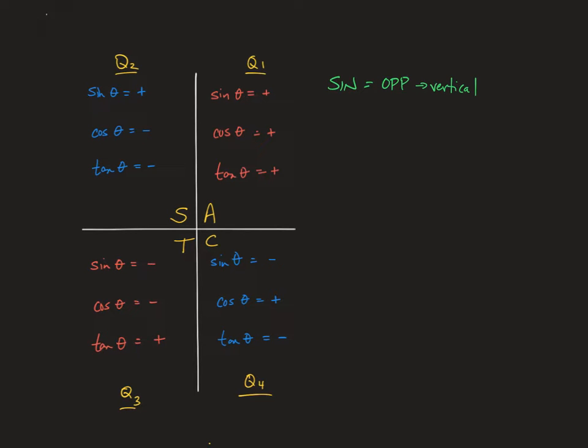Because when we talk about the opposite side being vertical, then we know that if we have a positive value, that means we go up. And if we have a negative value, that means we go down. And it's that simple. Okay, let's keep building it so that we can see it in practice.